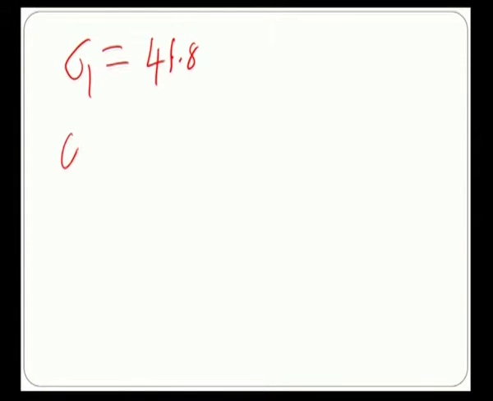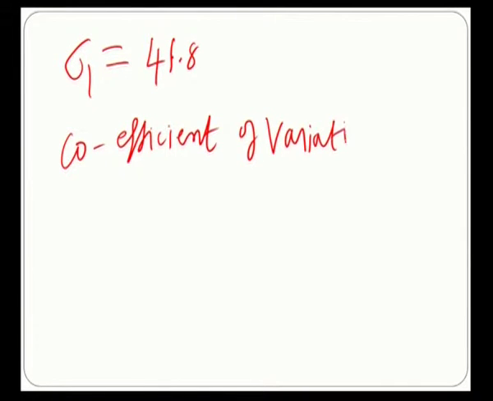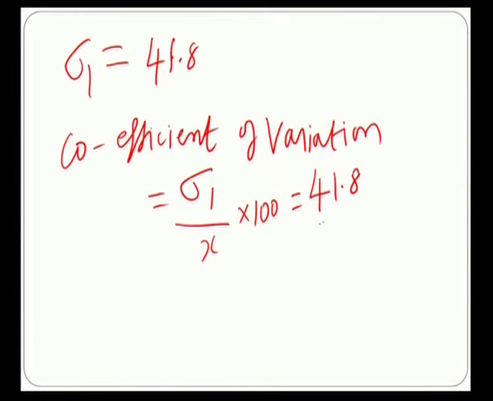Now, coefficient of variation for batsman A is equal to sigma 1, that is standard deviation over x bar into 100, which is equal to 41.8 over 50 into 100, which gave the value 83.6.